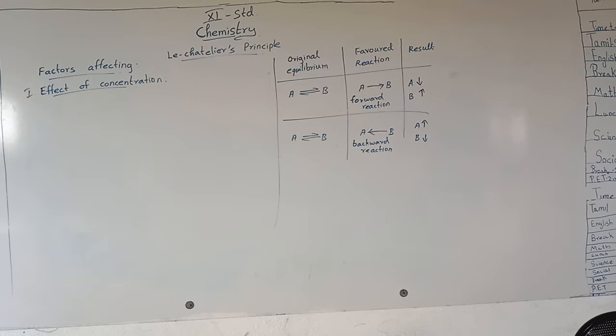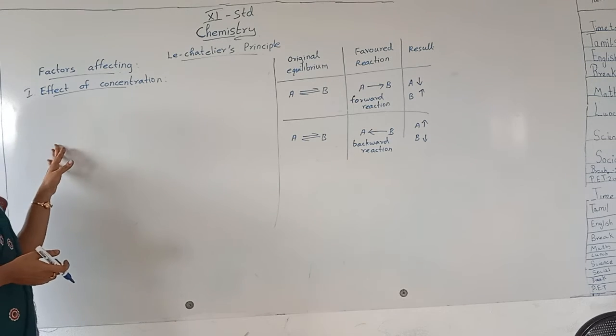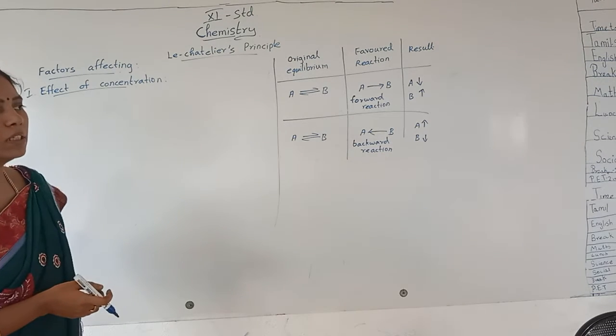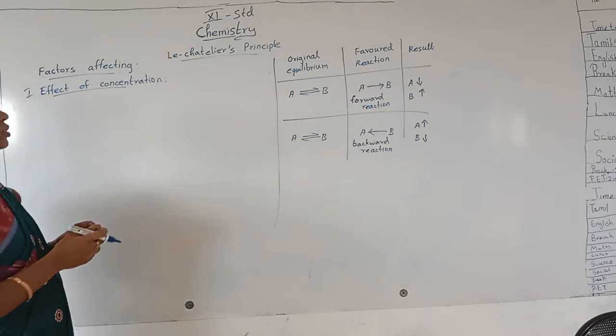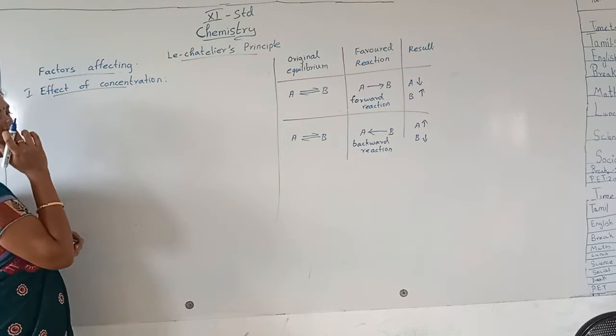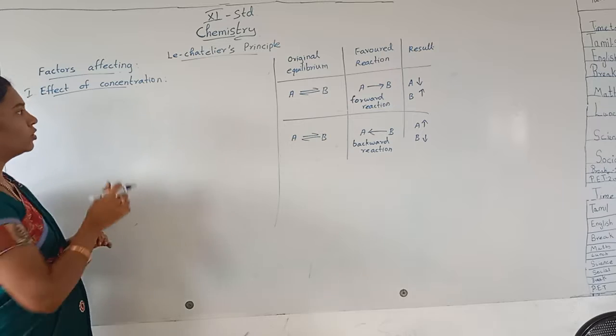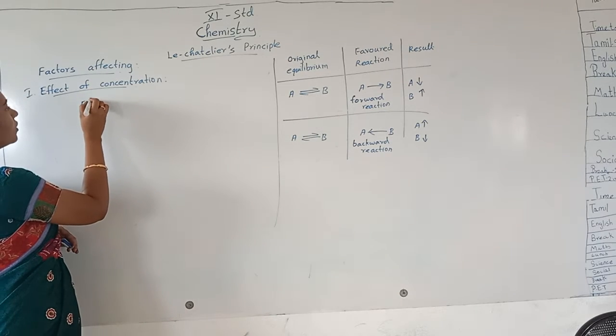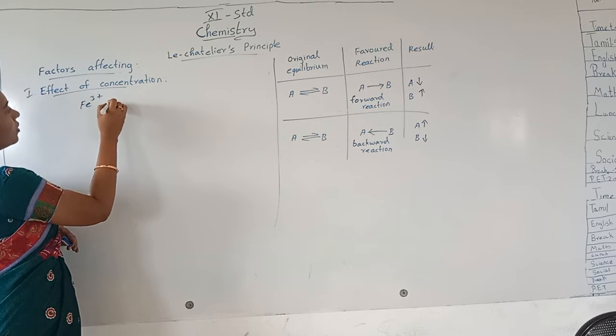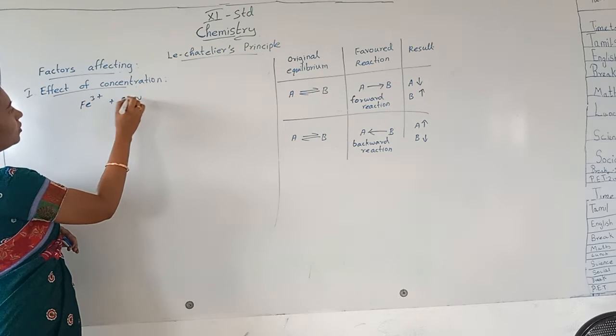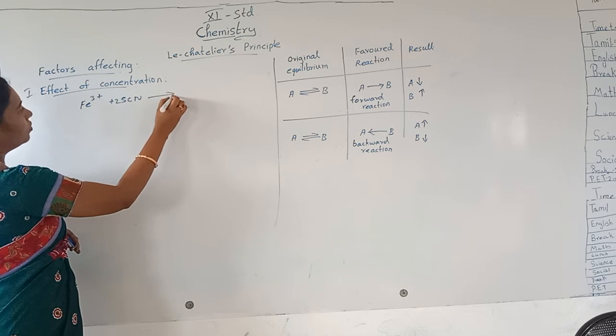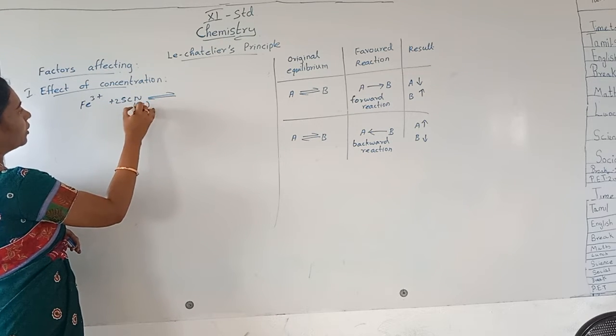In the first topic, the effect of concentration, the best example is the iron salt. So what is the iron formula? Fe3+ plus SCN- in the aqueous medium.